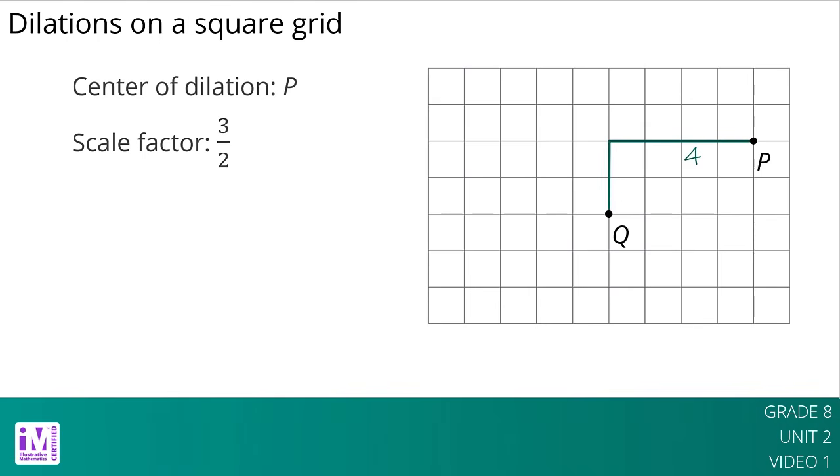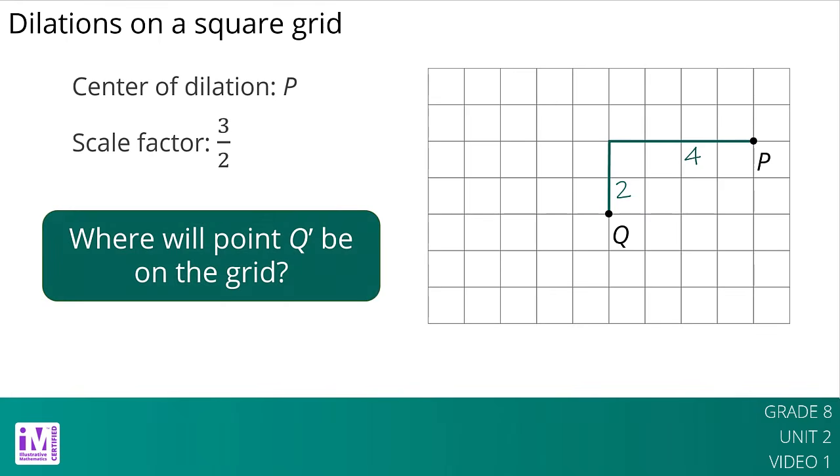Point Q is 4 grid squares to the left and 2 grid squares down from P. Where will point Q prime be on the grid? Since 3/2 is larger than 1, point Q prime will be further from point P than point Q is.